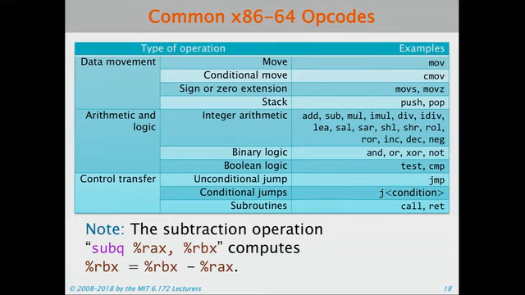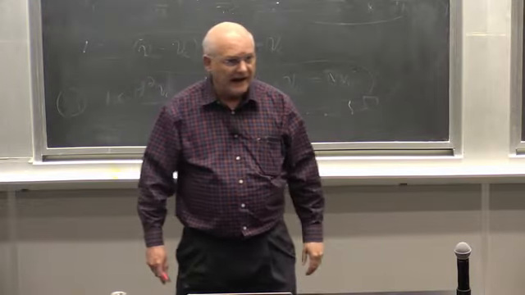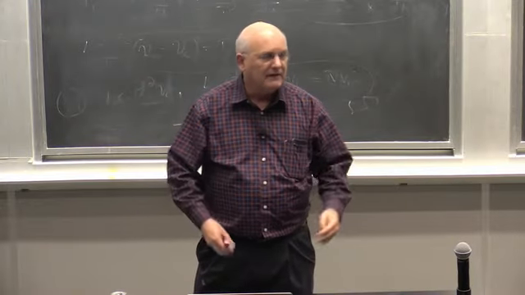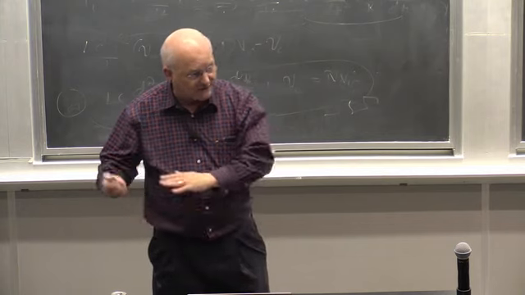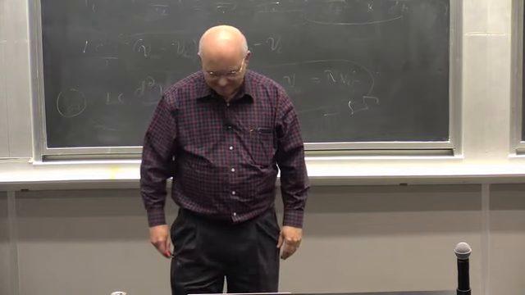And then there is Boolean logic, like testing to see whether some value has a given value, or comparing. There's unconditional jump, which is jump, and there are conditional jumps, which is jump with a condition. And then there are things like subroutines. There are a bunch more which the manual will have and which will undoubtedly show up, like, for example, the whole set of vector operations we'll talk about a little bit later.